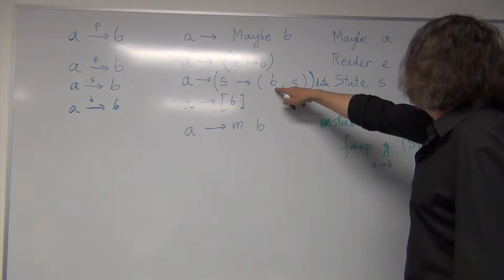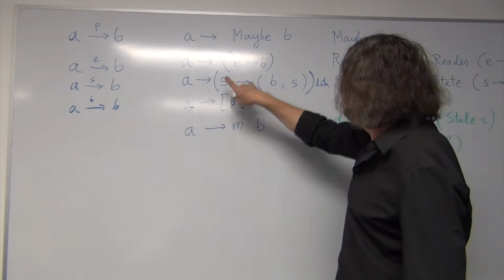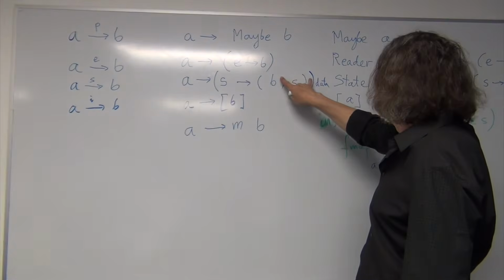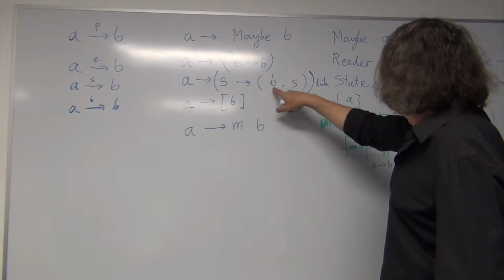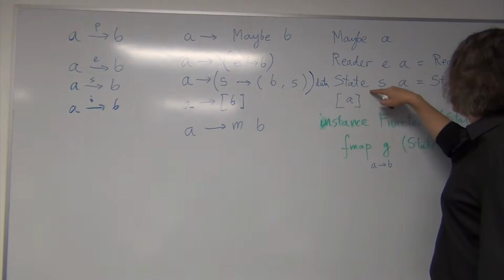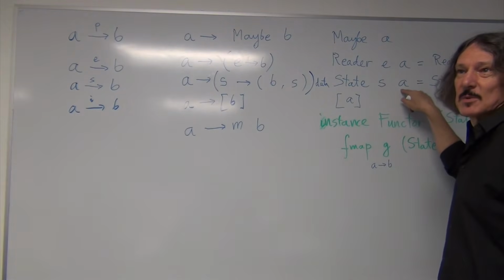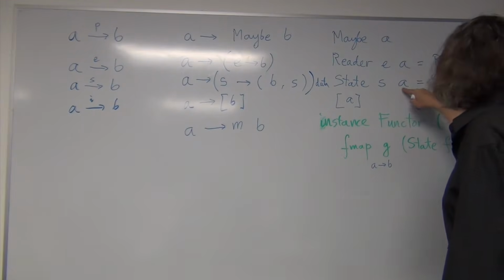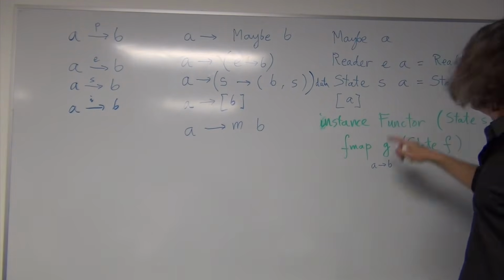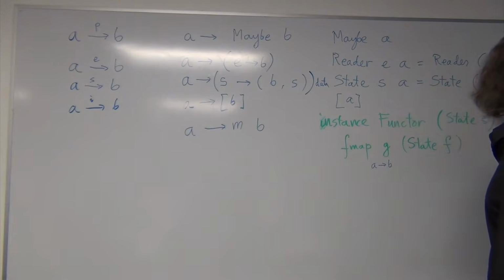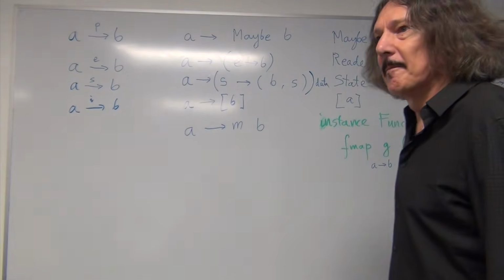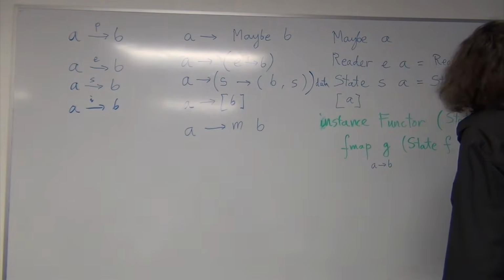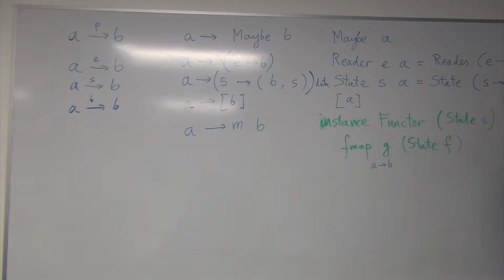Now here I rewrote it, forgetting about this first a. I'm just talking about this part, right? So I'm calling this state of b. But in the definition I want to say state of a, just because. I could change it to b, but the only thing important is that this is the same as this. Whether I call it B or C or D doesn't matter, right? I'm just renaming this variable because it's a type variable.